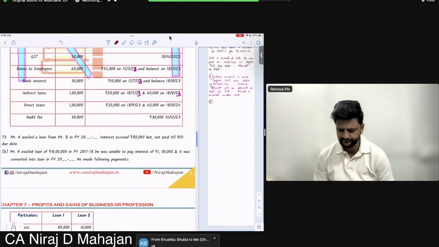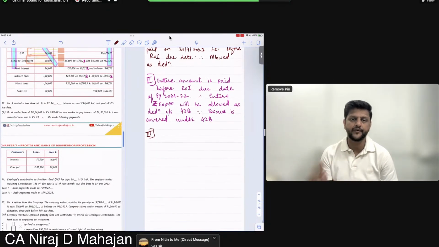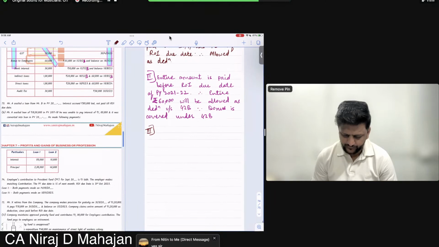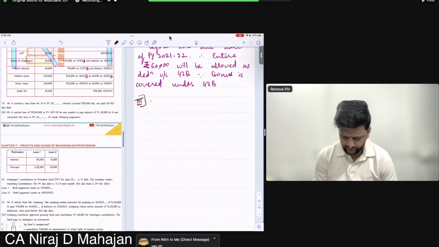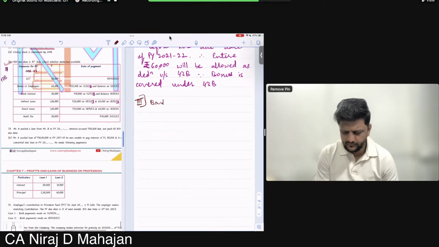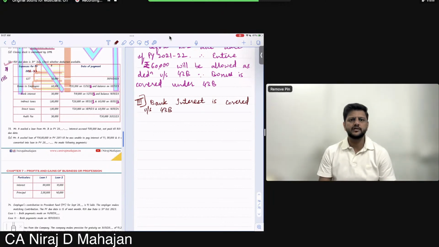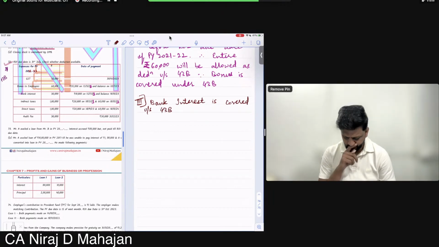Sure? Write down. Point number 3. Again, is bank interest covered under 43B? Yes. Bank interest is covered under section 43B.